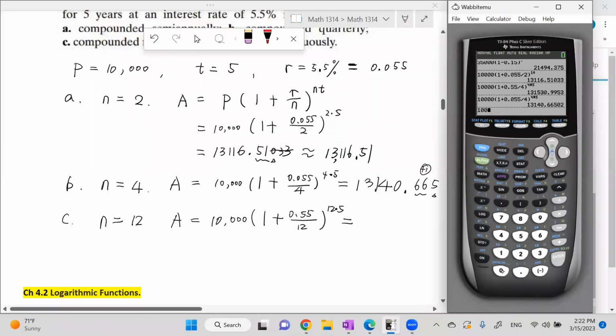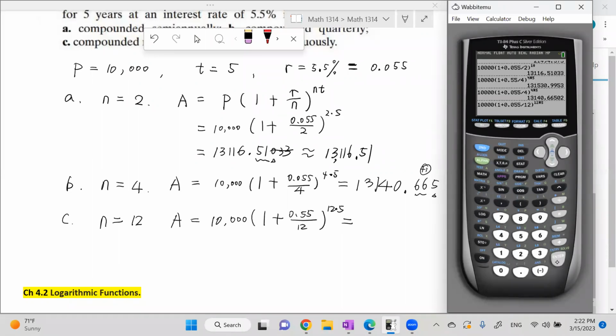Don't make a mistake this time. So 10,000 times 1 plus 0.055 divided by 12. Close the parentheses. Raise it to the 12 times 5. Move the cursor.